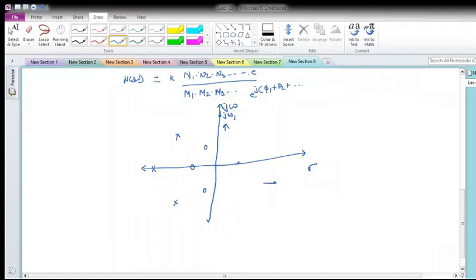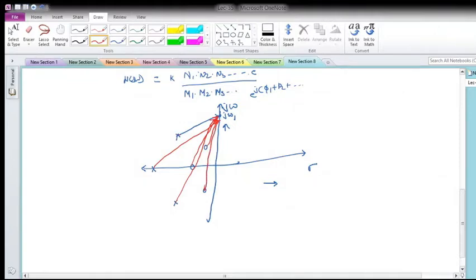Okay, now I want to know the total magnitude, the magnitude response, or the magnitude and phase at a frequency omega equal to omega 1. So what to do? Draw the vectors from each pole and zero to the point on the j omega axis. So I have drawn this one, let me draw the next, this is 2, this is one more, like this way, then this way and this way.